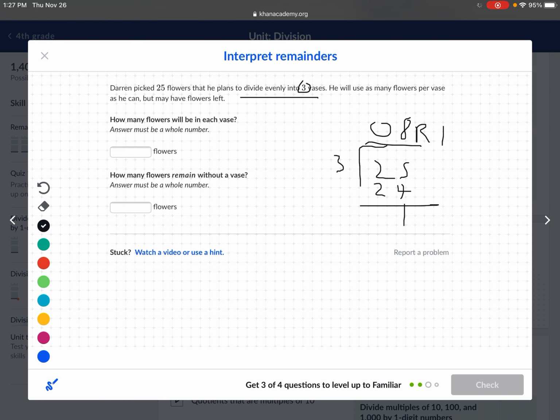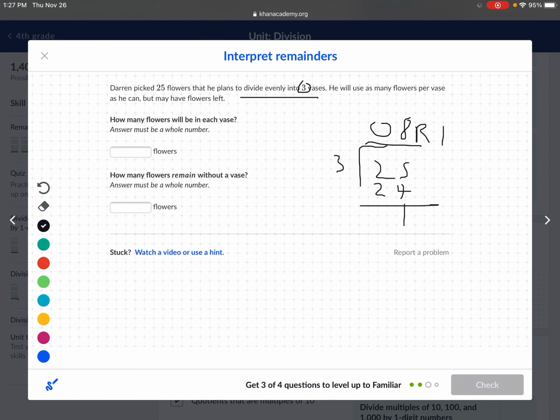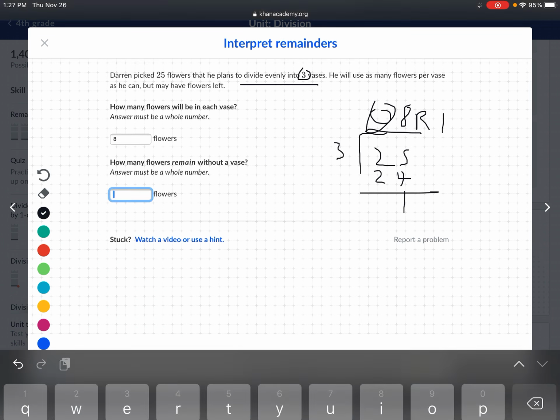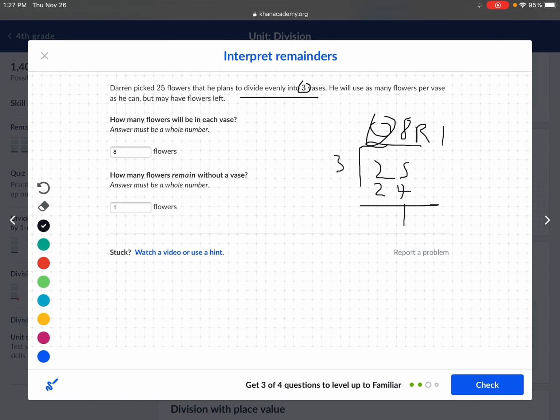From the first problem, the 0 is nothing, so it doesn't really count. So you can just write 8, and the remainder is 1. So there will be 1 flower without a vase.